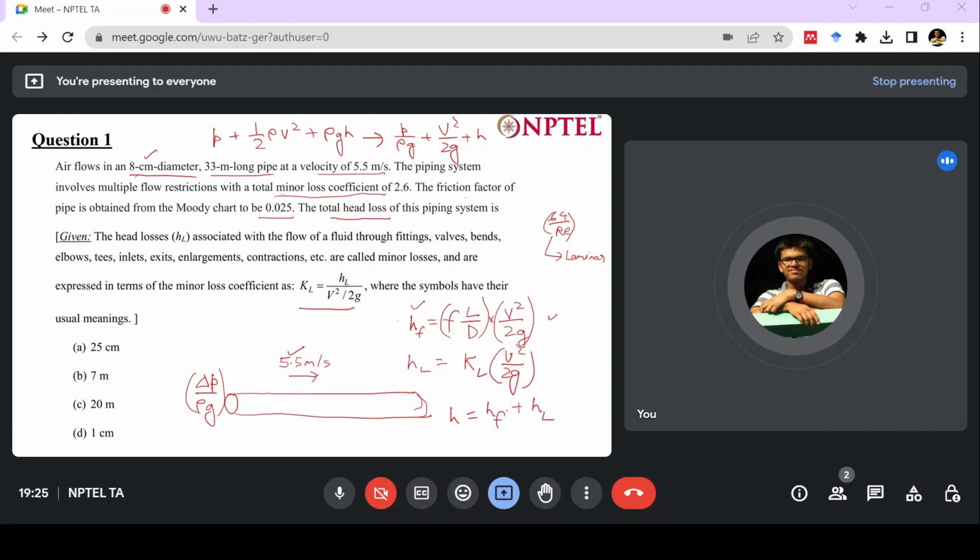Working with head losses gives us a more friendly way of approaching this problem, rather than solving it explicitly or doing it with an energy method. This head loss is very intuitive and relatable in our practical situations.